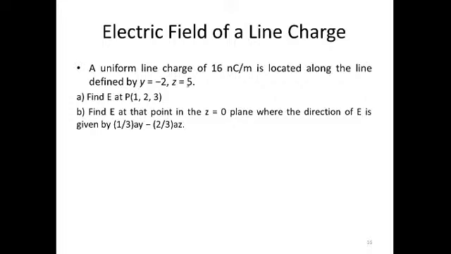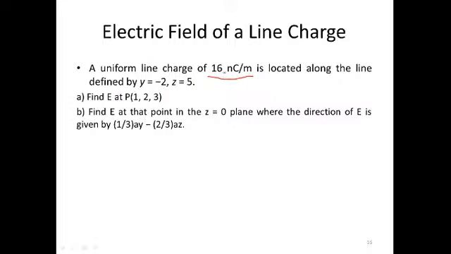Whenever you are solving problems for electromagnetic field theory, first of all judge the situation. Where is your source charge and at what location, what I call the field point location, you have to compute the value. From the starting sentence, it is a uniform distribution of charge over a line, hence we call it a uniform line charge. The magnitude value is provided as 16 nanocoulomb per meter. Just focus on the measurement unit.